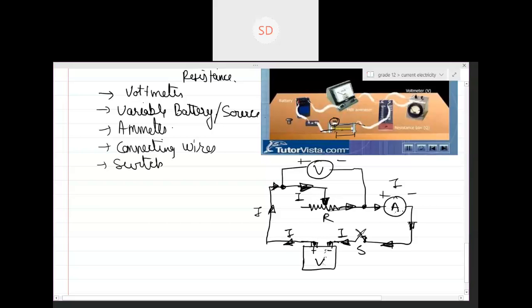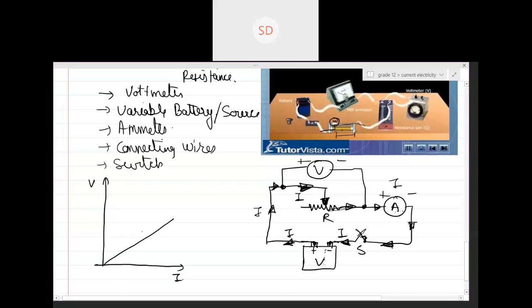So when you increase the voltage, this voltmeter reading will also increase and this ammeter will also increase. Is this clear? And when we plot a graph between V and I, we'll get a straight line. Okay, is this clear, guys?